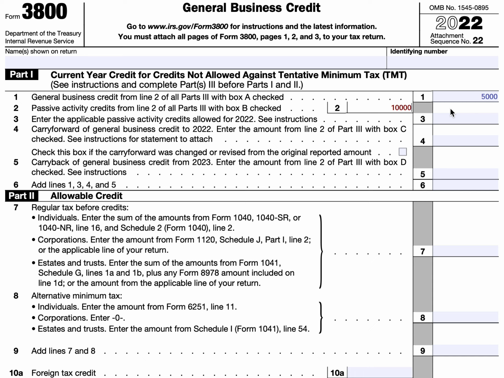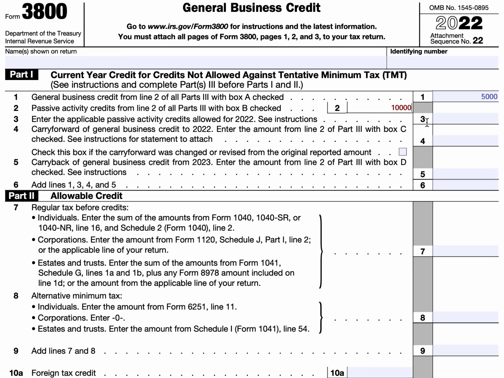And this is going to come from either IRS form 8582-CR, which is passive activity credit limitations, or IRS form 8810, passive activity loss and credit limitations. So this passive activity credit amount that's allowed only applies to general business credits that were not allowed against tentative minimum tax on line 2, plus any prior year unallowed passive activity credit from general business credits.